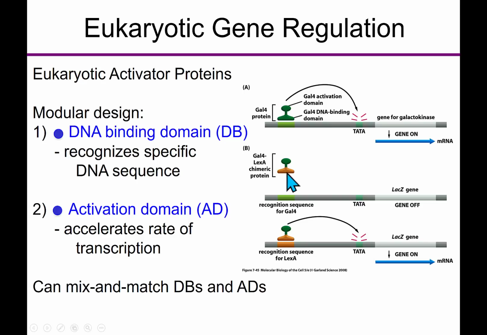So if you have a different DNA binding domain on this protein, well, you're not going to recognize the Gal4 sequence anymore, right? So you're not going to get transcription here. The DNA binding domain's different. You're recognizing a different sequence. Now, instead, what's going to happen with this kind of chimeric protein is that now you're going to recognize the DNA sequence for LexA. Whatever the LexA protein normally recognizes, that's the DNA sequence now you bind to.